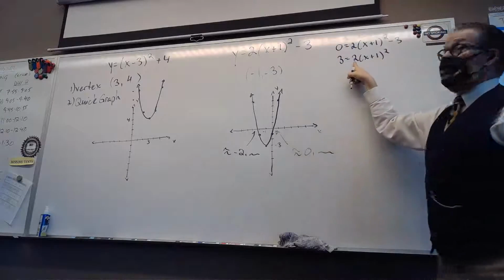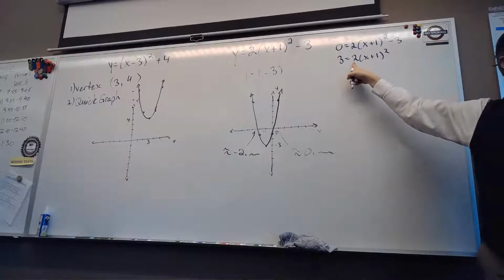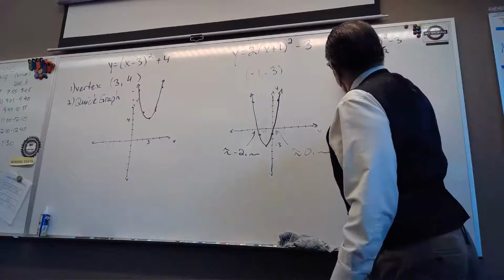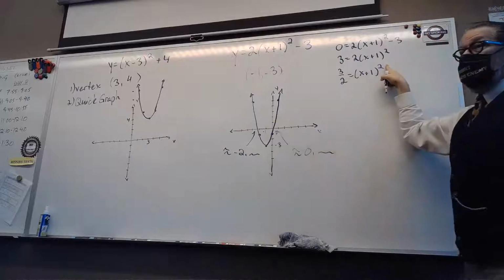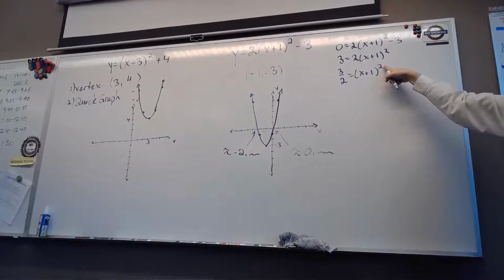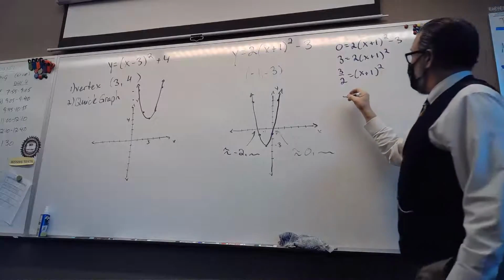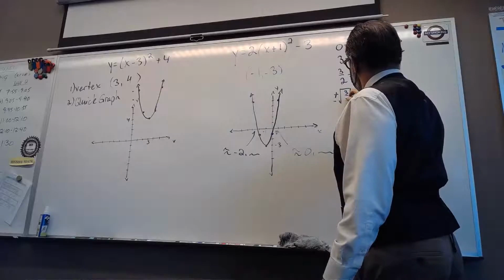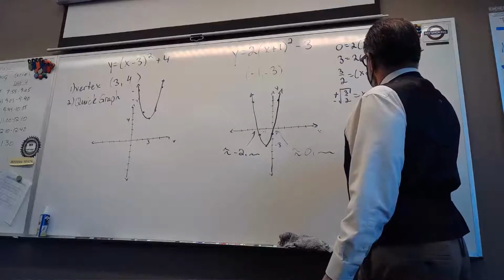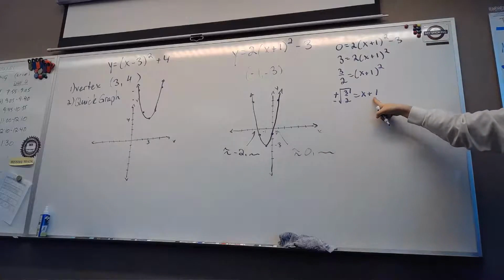How do I get rid of a multiplied by 2? How do I get rid of a squared? Square root. How do I get rid of a plus 1?